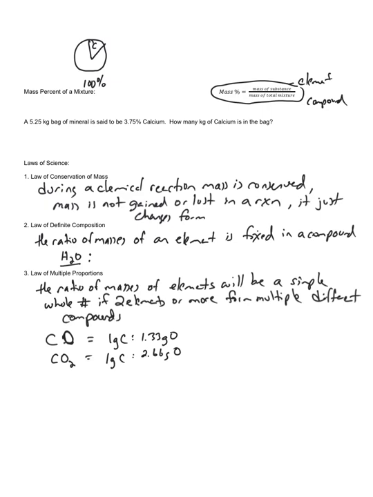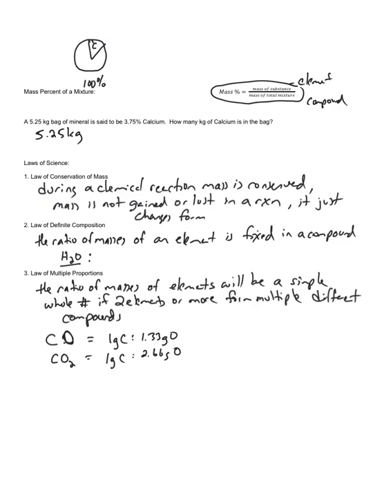Okay, so let's look at this problem, and again, pause it if you need to. A 5.25 kilogram bag of mineral is said to be 3.75% calcium. How many kilograms of calcium are in the bag? So 5.25 kilograms is the mass of the whole.